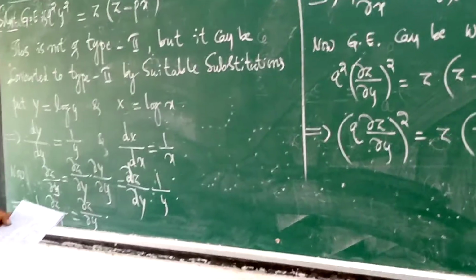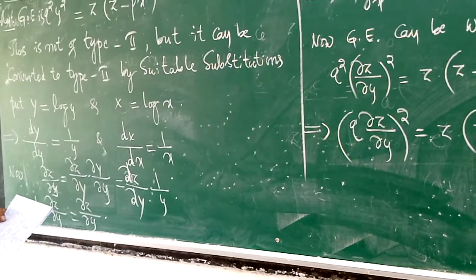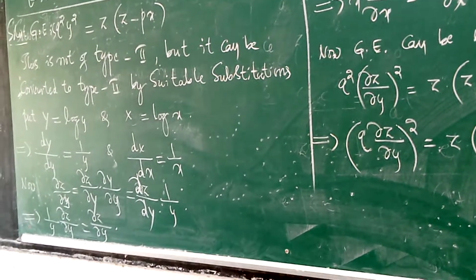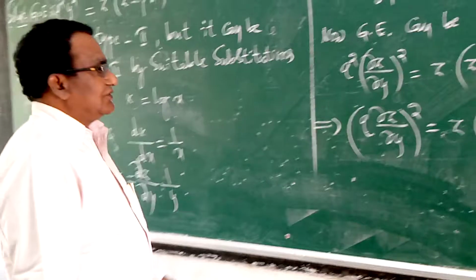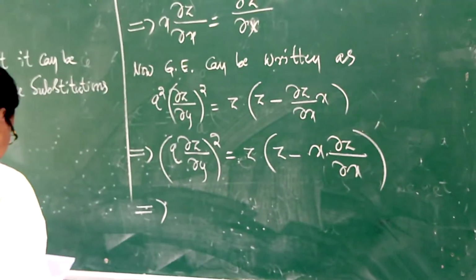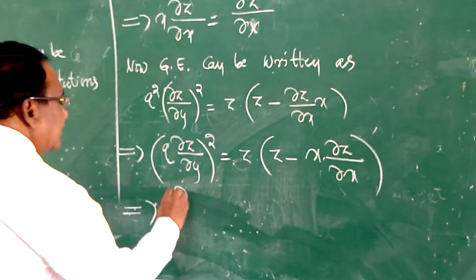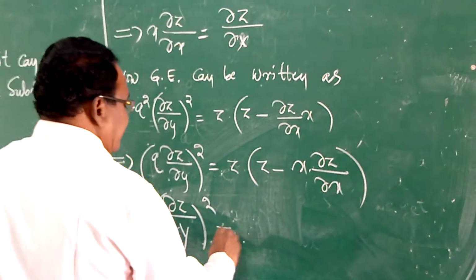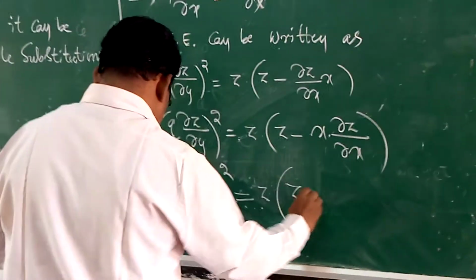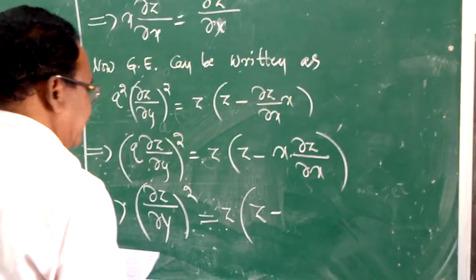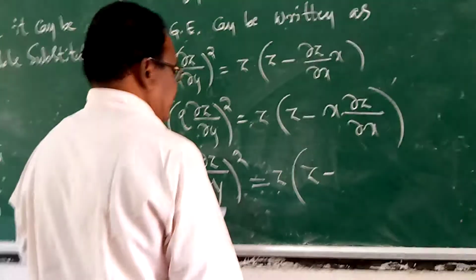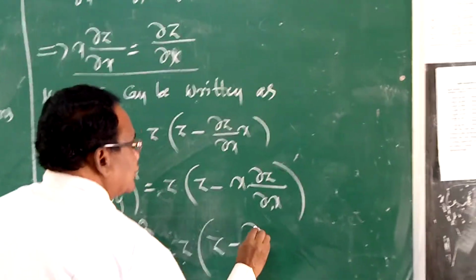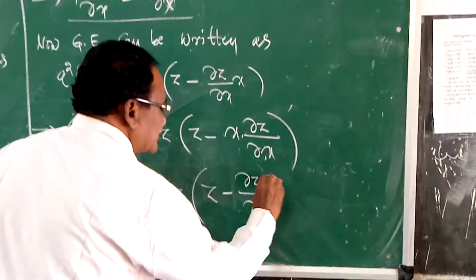So this can be written as dou z by dou capital Y whole square is equal to z into z minus x into dou z by dou x, and x into dou z by dou x is dou z by dou capital X.